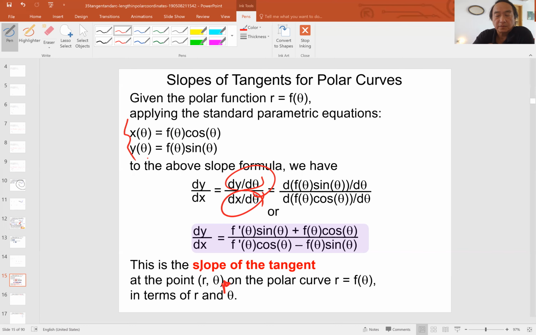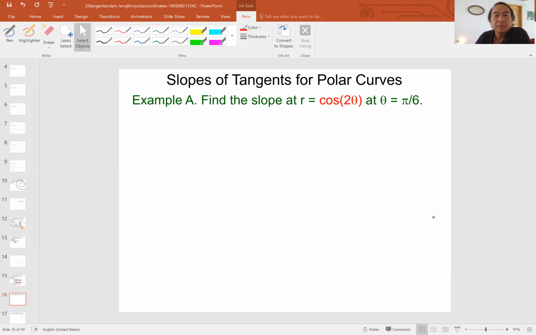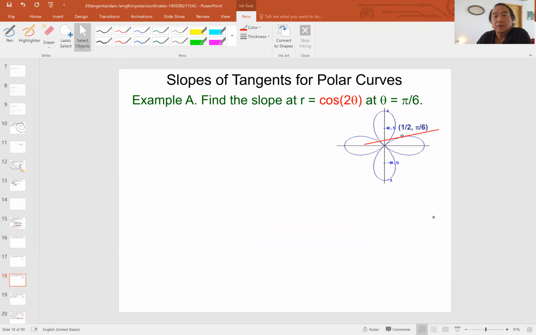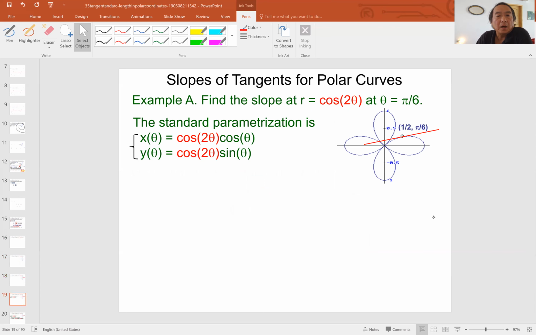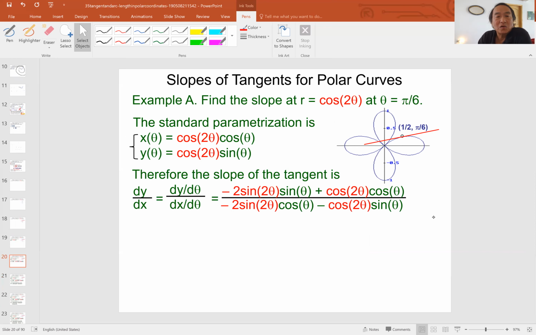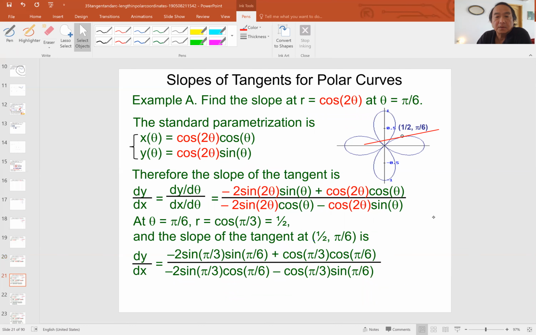Do the conversion first, converting into my standard parameterization. Then I take the derivative with respect to theta, take the ratio of dy d theta over dx d theta, and plug in pi over 2, then you get a slope.